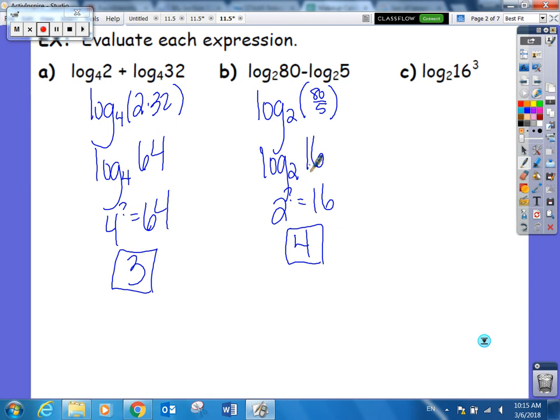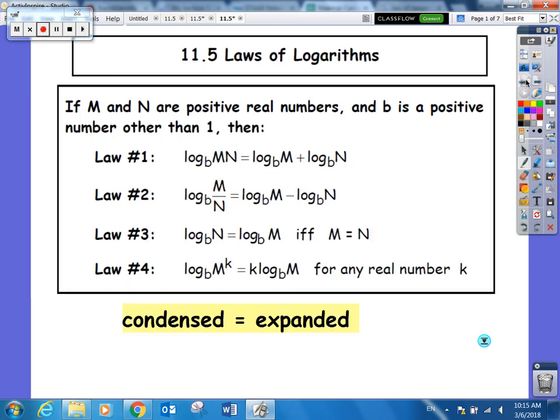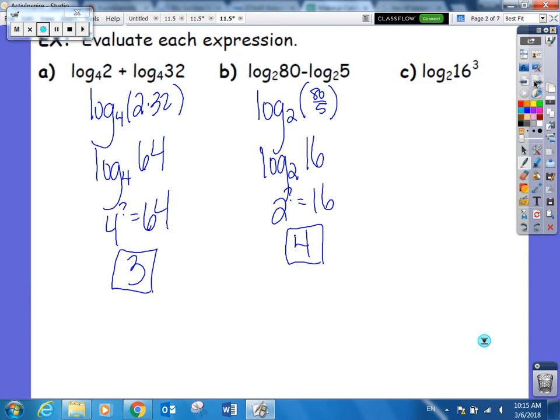All right, letter C, same thing. We could change the base of 16 and make 16 2 to the 4th to the 3rd and use a property from 10.1 or 11.1. We can use this 4th law right here and expand it. Hey, I'm going to use that one since that's what we're doing today.